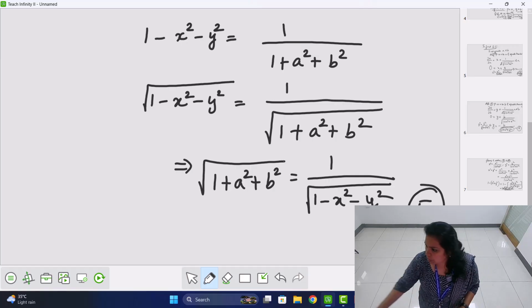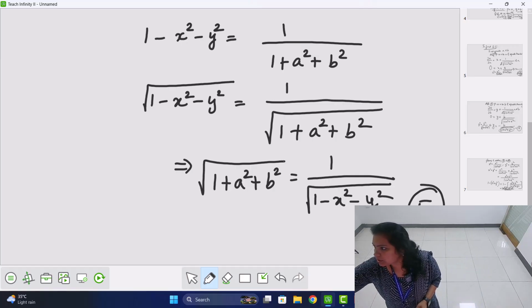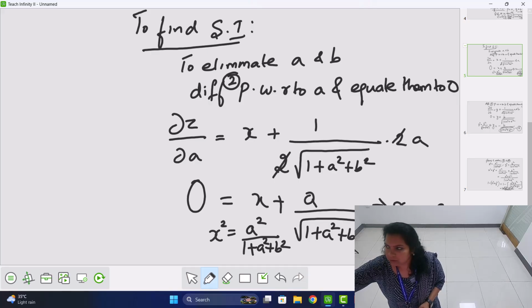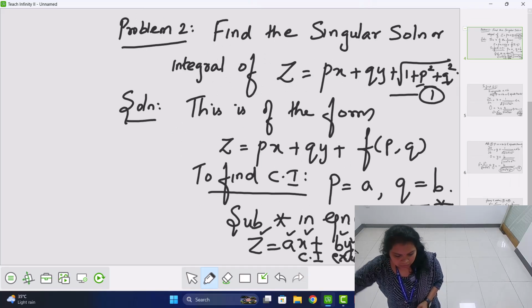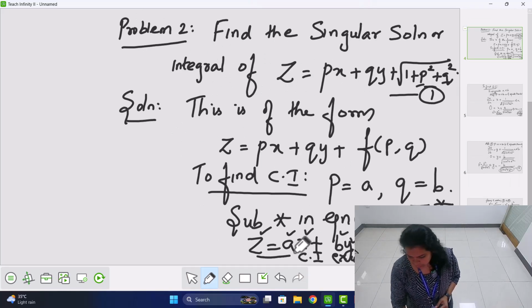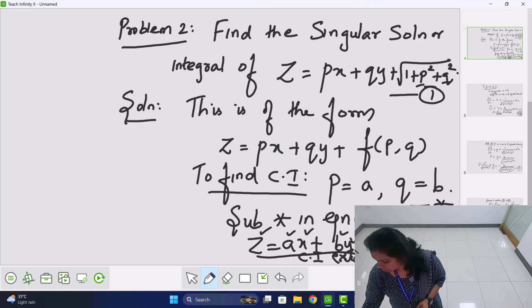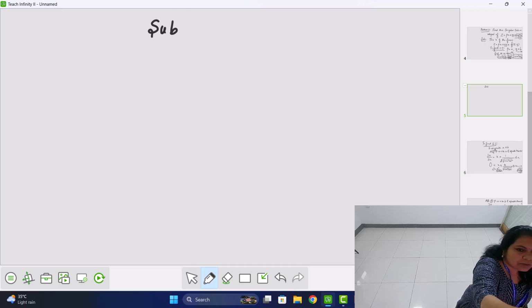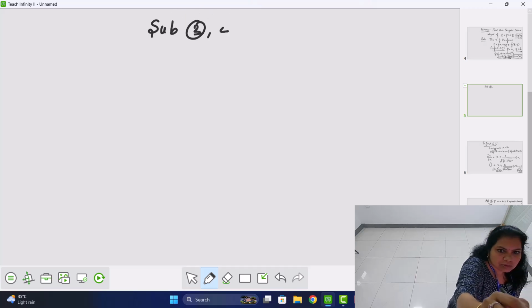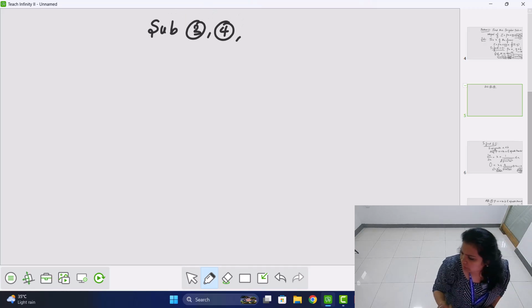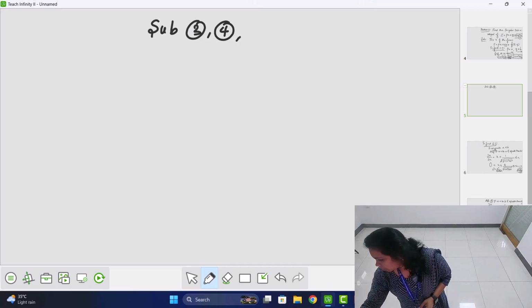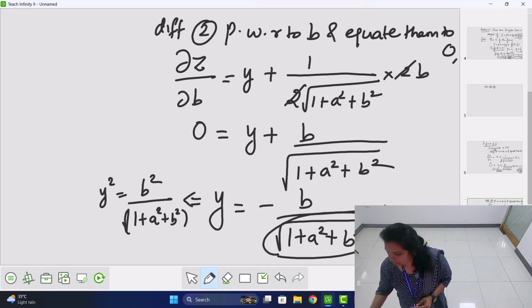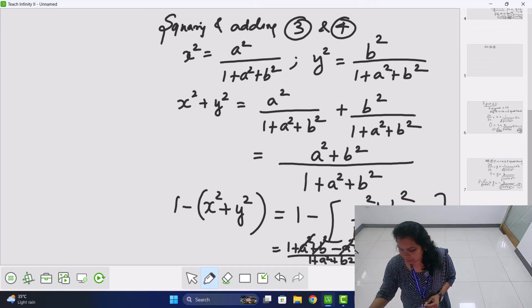So all this we are going to substitute in this equation. Z equal to. So all this we are going to substitute in this equation number 2. So next one is substituting 3, 4, then one more we have taken as 3, 4, then fifth equation.